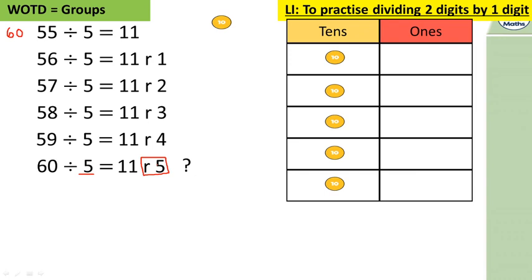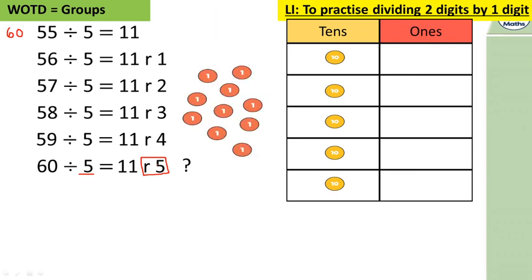Then my 1 ten can't be shared equally 5 times, so I'm going to have to exchange that for ones. I've got 10 ones, so if I've got 5 groups, how many ones are going to be in there? So I've got 5 groups, so 1, 2, 3, 4, 5. So I've got 5 groups, and there's 2 in each group.